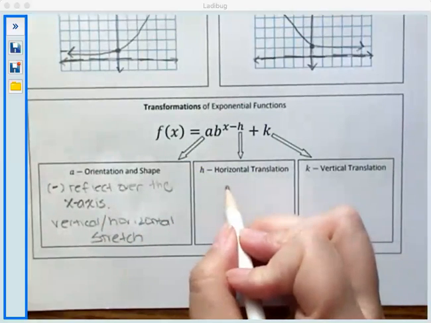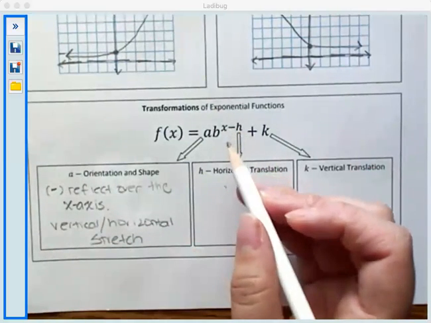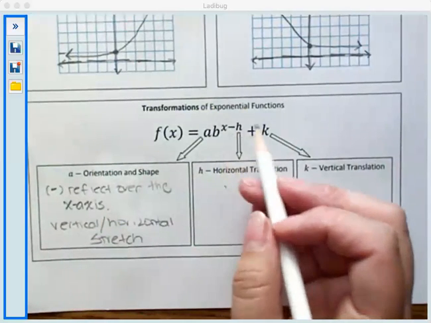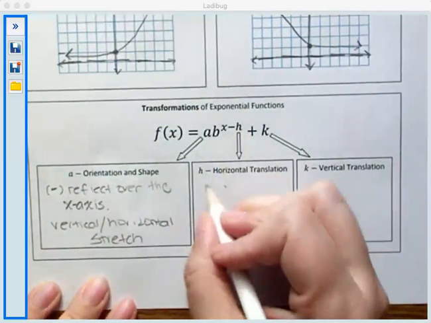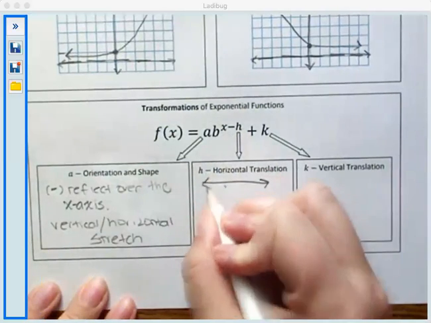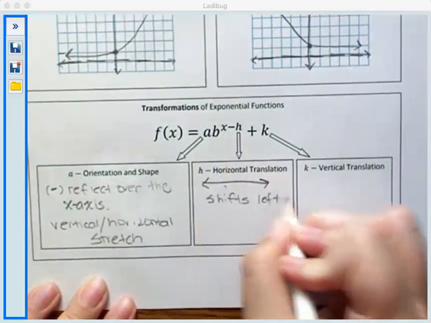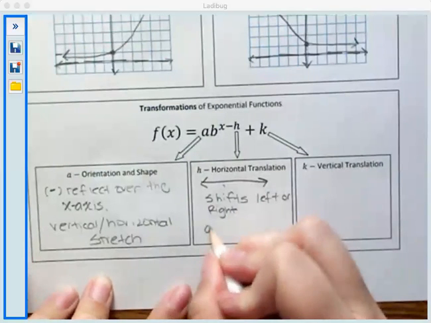And then our horizontal translation, h, if there's nothing else in the exponent, then the h is just 0. So if x is by itself, h is 0. And remember, this goes our shift. It shifts the graph left or right and is always opposite.